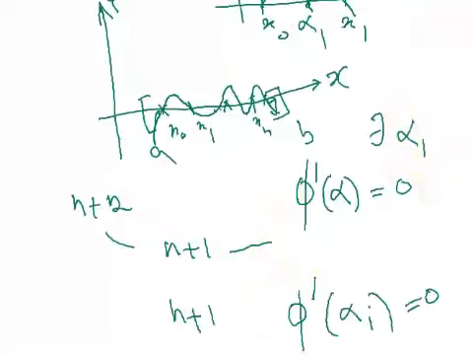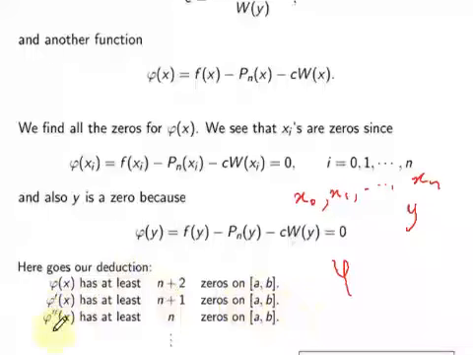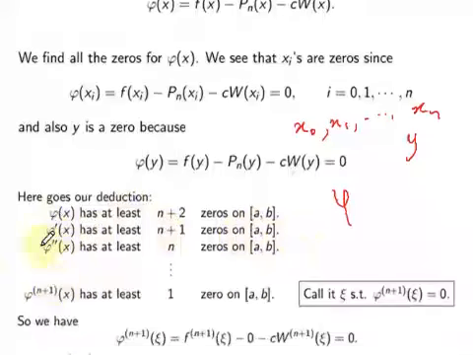That means phi prime has at least n plus 1 zeros on the interval a b. I hope you understand this. You keep doing this. If you consider the double derivative, then you can find at least n zeros on this, and we keep doing this, right?